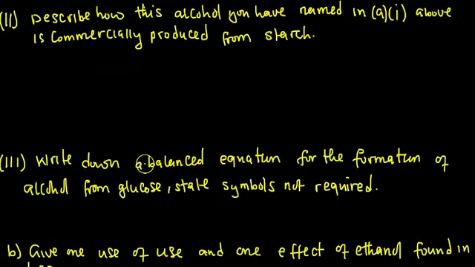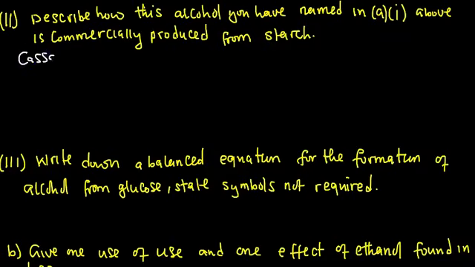Okay, so describe how this alcohol you have named above is commercially produced from starch. So how is the alcohol that we've named produced from starch? Here we described the process of how alcohol is prepared previously, but we can just go through.